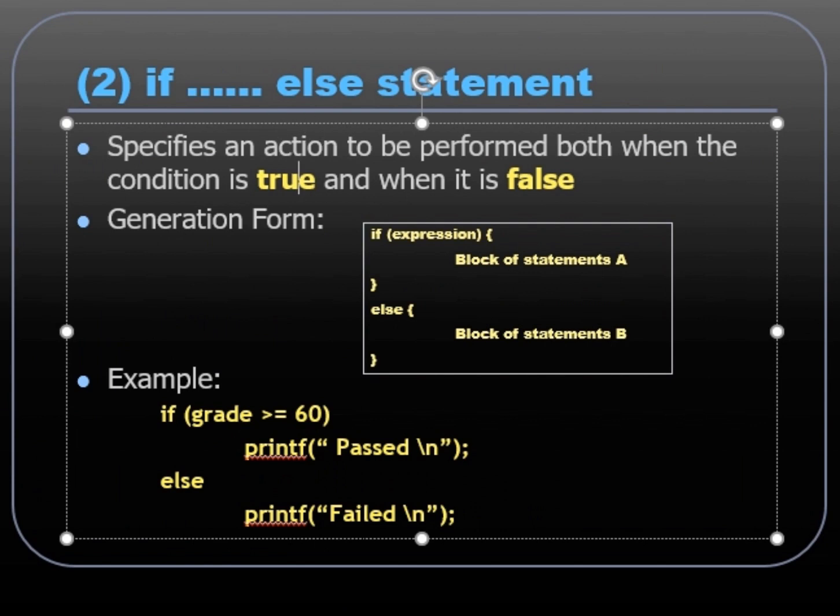But for if else, it can do something when it's true, and another thing if it's false. In the example, if grade is more than or equal to 60, the condition is true, the grade is at least 60 marks, then printf pass, the student has passed. If not, that means it isn't more than or equal to 60. If less than 60, it prints fail, the student has failed.